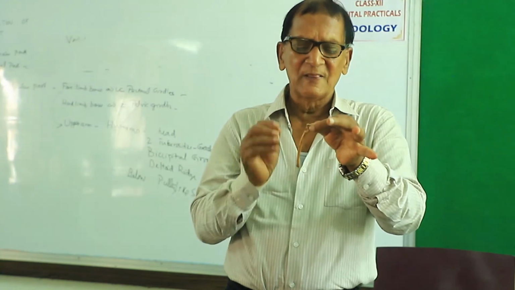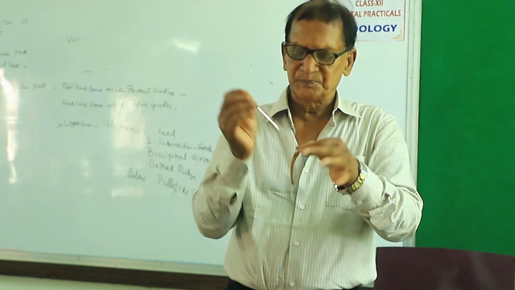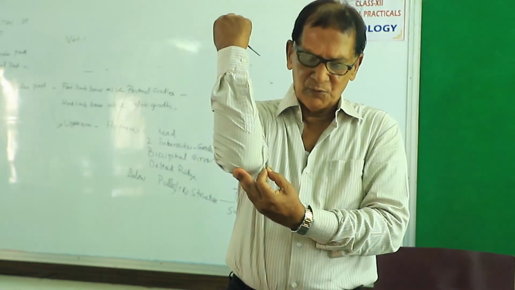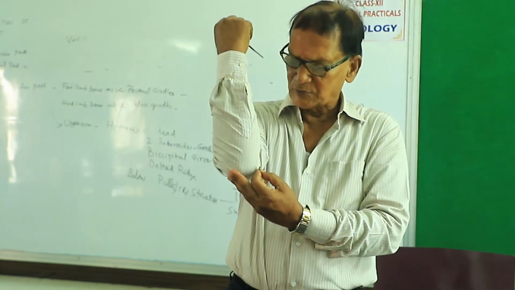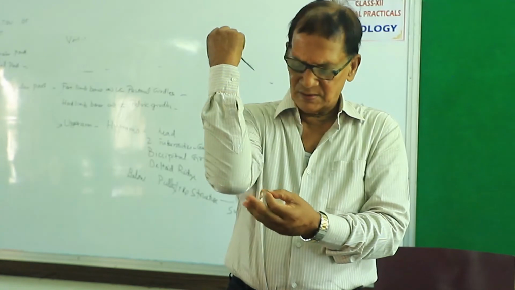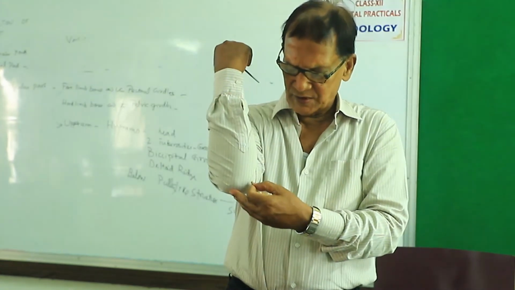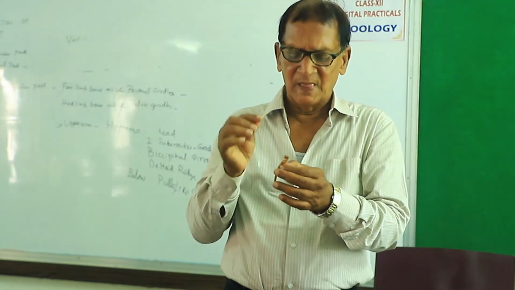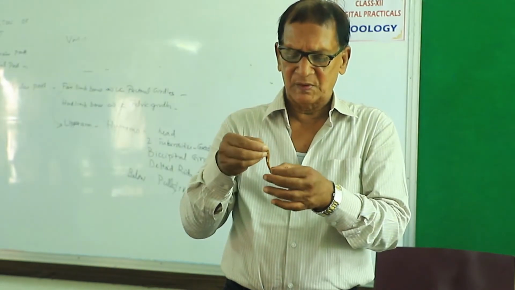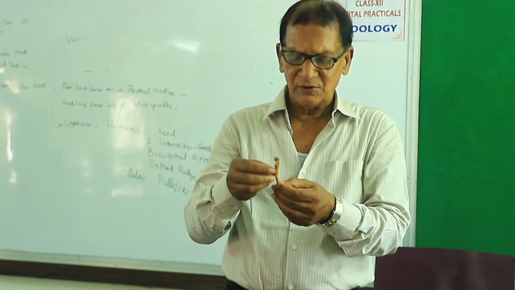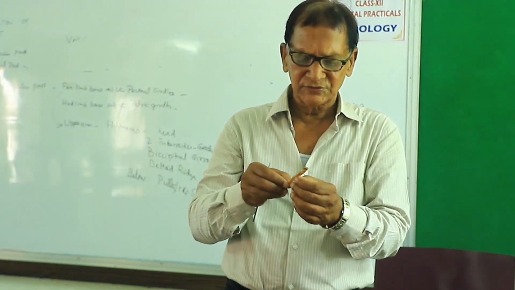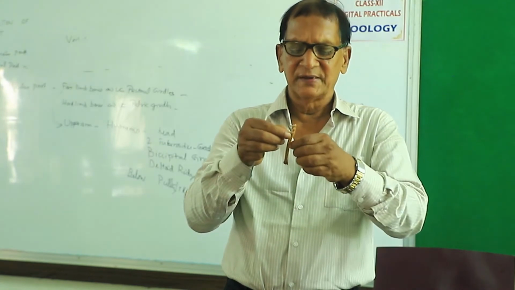The olecranon process belongs to the ulna, and it is the backward projection. In the elbow region, we have this olecranon process. Attached all along its length, we have a shorter bone that is called the radius.